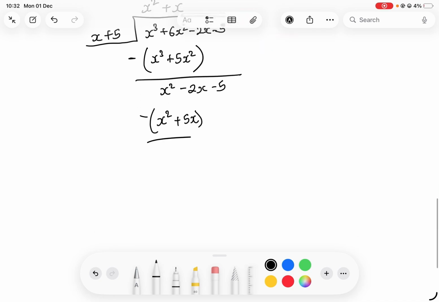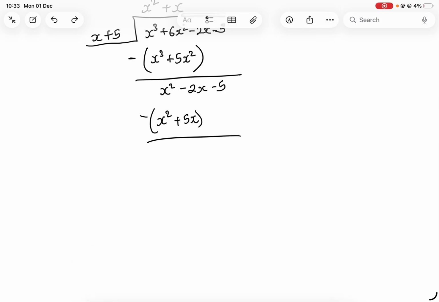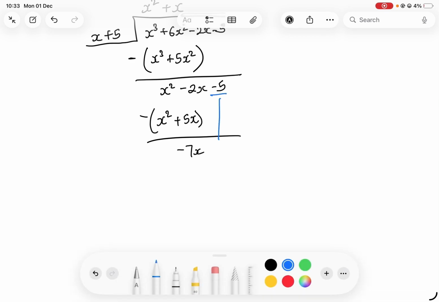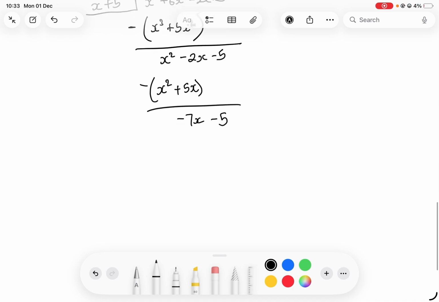Then above equation minus this one, have to get x squared minus x squared is going to be 0, minus 2x minus 5x, minus 7x. No like term corresponding with this one, I have to drop it as it is. So minus 7x minus 5.